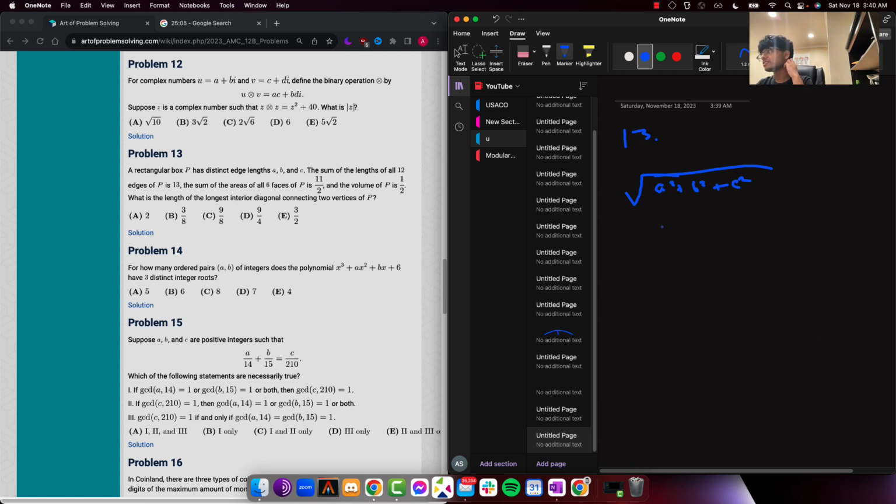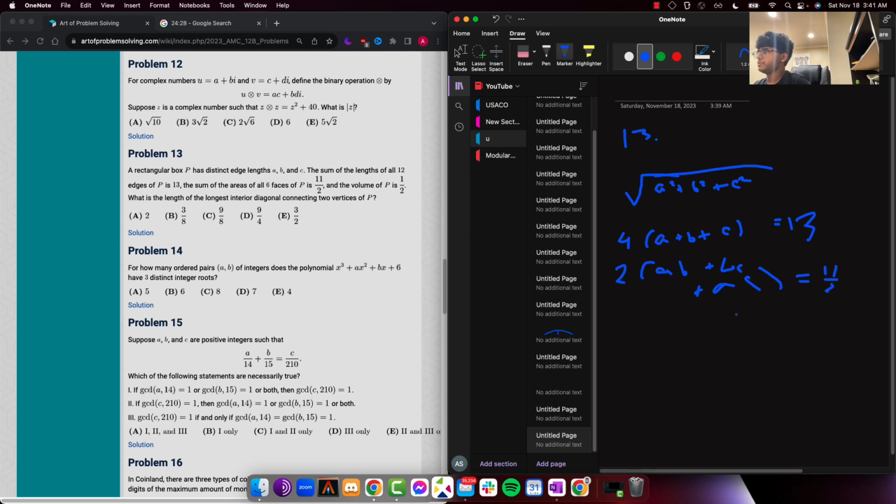Okay, I think what we have to end up doing is we have to square this thing, because that's going to give us a bunch of information. Because we know 4 times this is 13 from the sum of the edge lengths, and then we know 2 times AB plus BC plus AC is 11 over 2, and then we know ABC is 1/2.